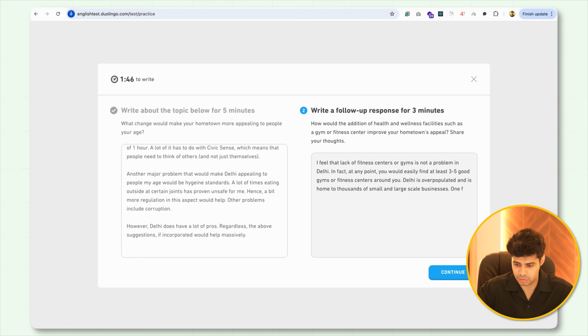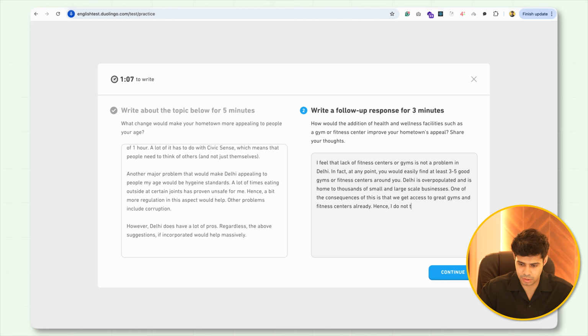One of the consequences of this is that we get access to great gyms and fitness centers already.